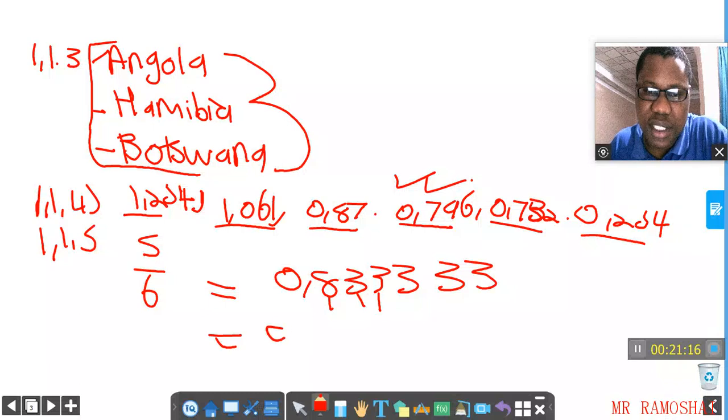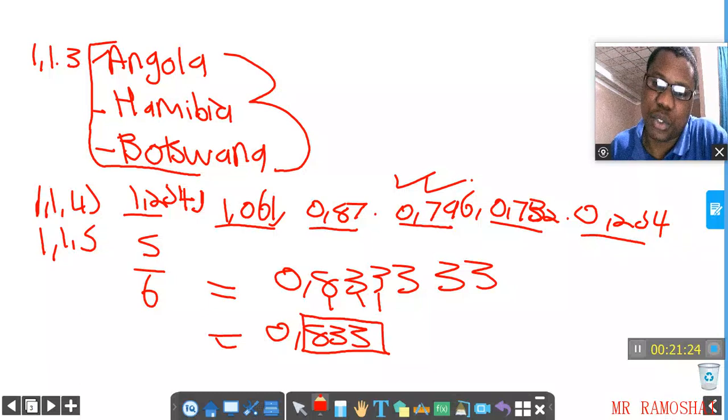So our answer is going to be 0.833. So we have 3 decimals. So this is how our answer is going to be. So it's going to be 1 and 1.